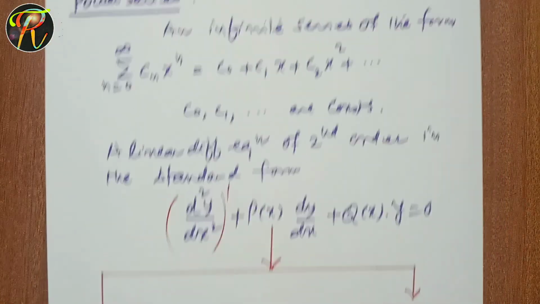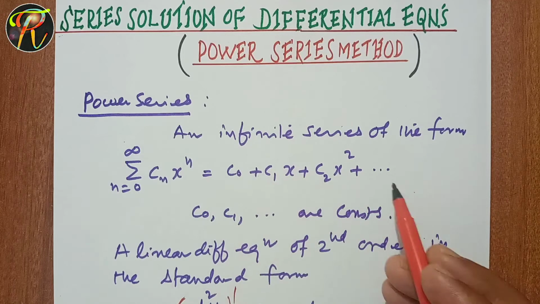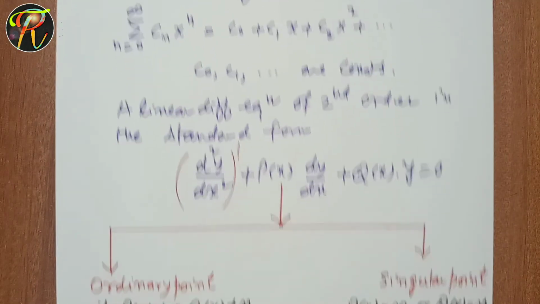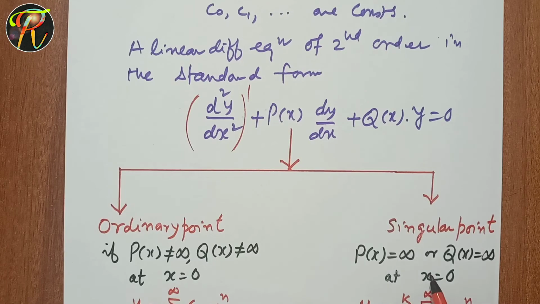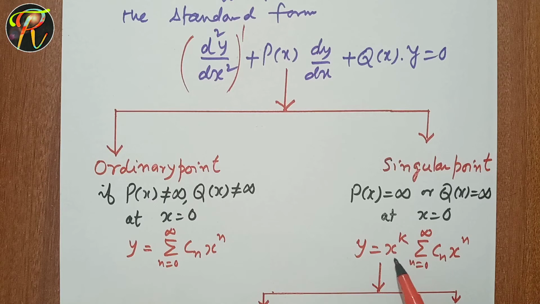But if in our differential equation P and Q are infinite, means x equal to 0 is a singular point, then we will take a series of the form y equal to x to the power k times sigma c_n x^n. So this is the difference between the two categories.